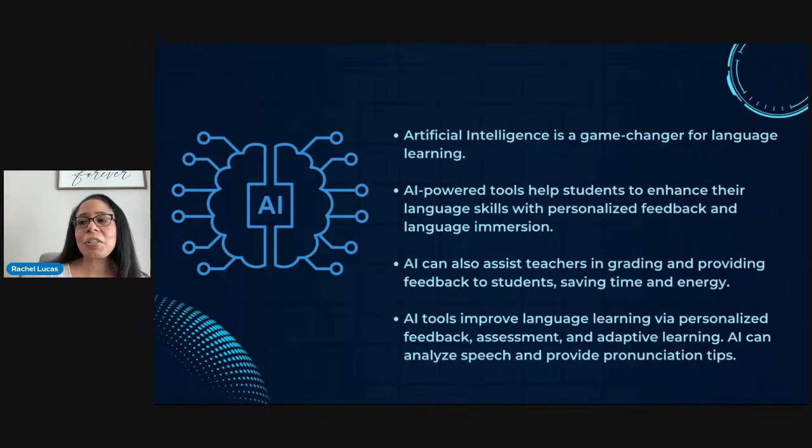I'm going to be covering that in the workshop too. If you're spending hours and hours grading, please don't. I'm going to show you how you can not do that anymore. We're so exhausted by the end of the day. This is going to help you. AI tools improve language learning via personalized feedback, assessment, and adaptive learning. AI can analyze speech and provide pronunciation tips.